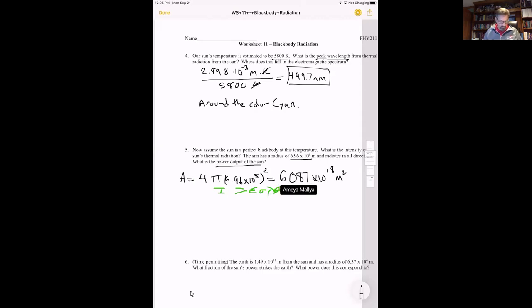Okay. Exactly right. I'll leave you guys alone. I agree with that area. That looks good. And I agree with your wavelength from number 4. So far, everything you got is perfect.